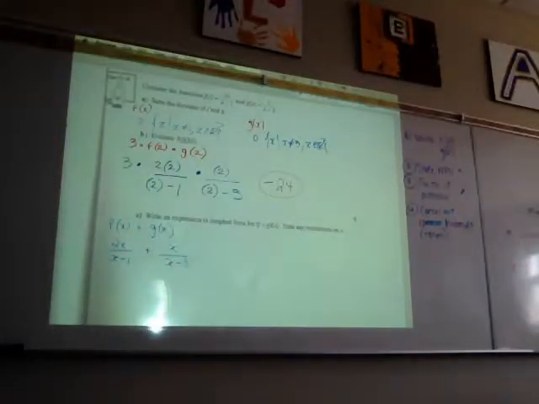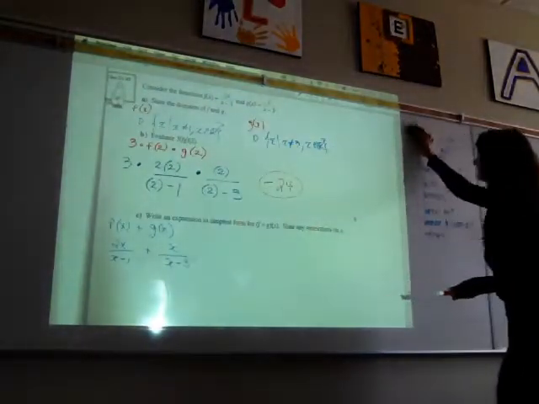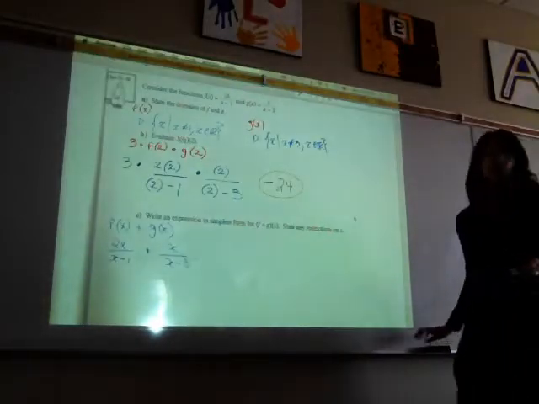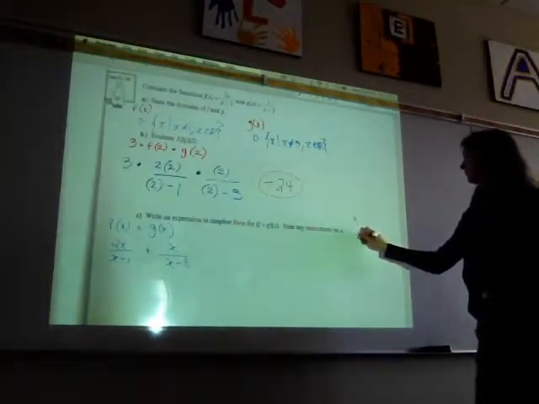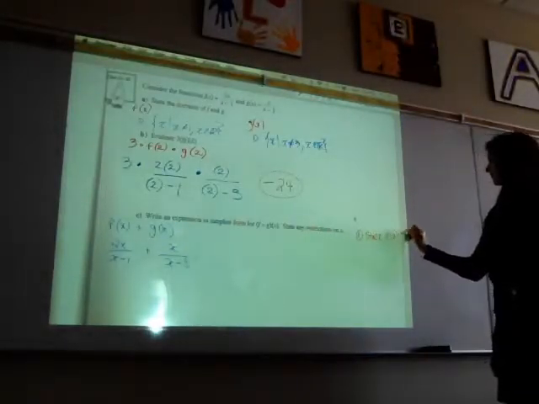So hopefully you guys can remember this from grade 11, but we're adding rational expressions. You can only add fractions, essentially, if you have common denominators. Are these common denominators? No. Okay, so step 1, basically, you're going to state f of x plus g of x.